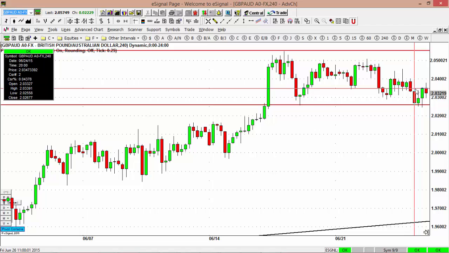And notice if you enter this trade, the market didn't immediately go your way. Oftentimes I see traders enter a trade, the market goes against them slightly, and then they get panicky and exit the market.